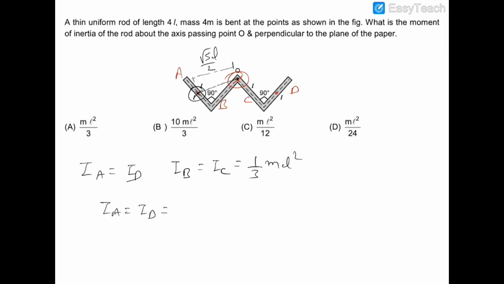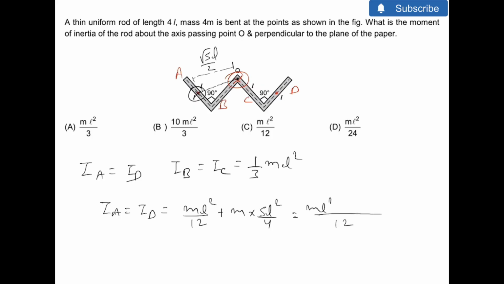So IA or ID would be equal to ml square by 12, which is the moment of inertia about the COM axis, plus m into 5L square by 4. So taking LCM as 12, this is ml square plus 15 ml square, so this is 16 ml square by 12. So IA or ID is equal to 4 ml square by 3.